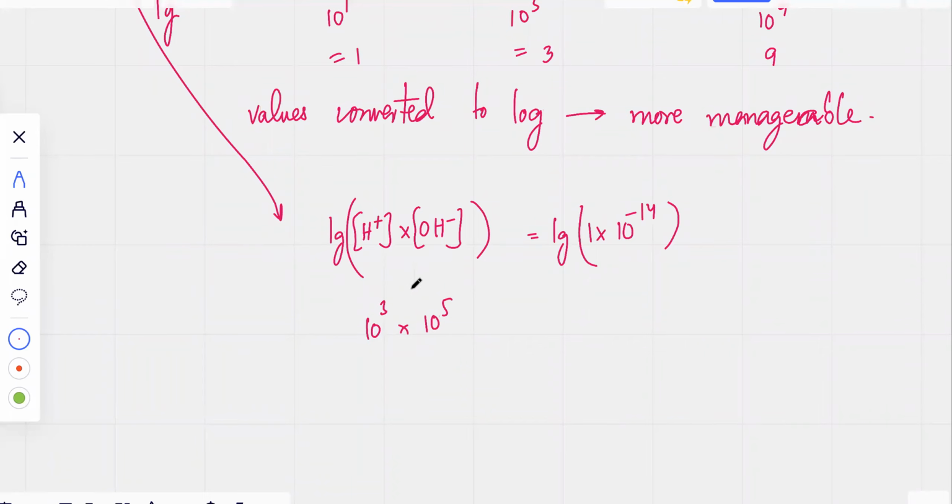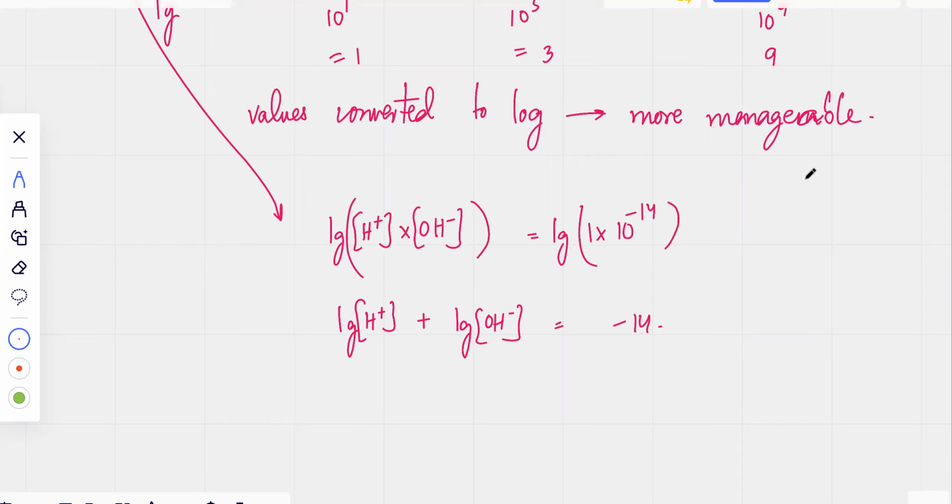That's a property of log: log deals in the powers, so when two things are multiplied, they get added up. So it's going to be log of H+1 concentration plus the log of OH concentration, equal to the log of 1 times 10 power minus 14, which gives you minus 14.